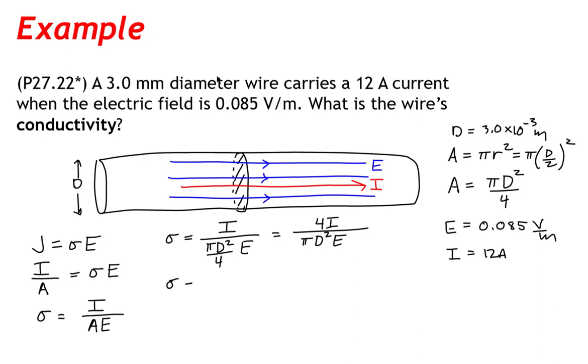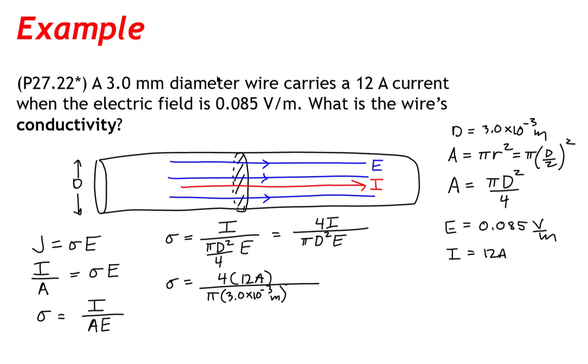Let's plug in numbers to see what we get for this. So we have in the numerator 4 times a current of 12 amps. In the denominator, we have pi times the diameter, which is 3.0 times 10 to the minus 3 meters.